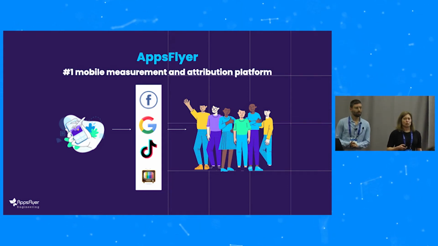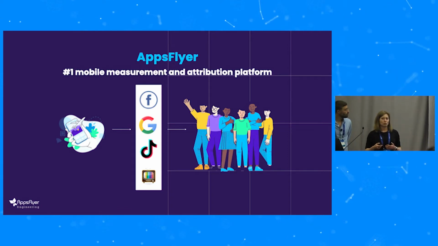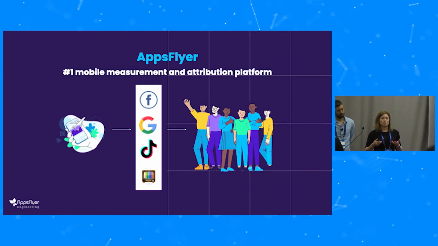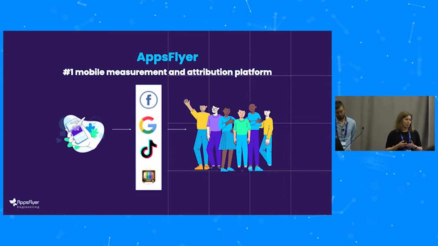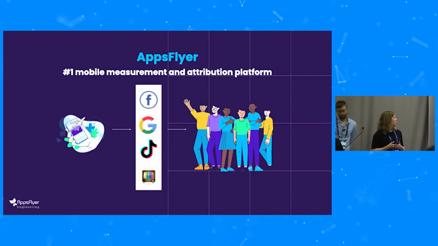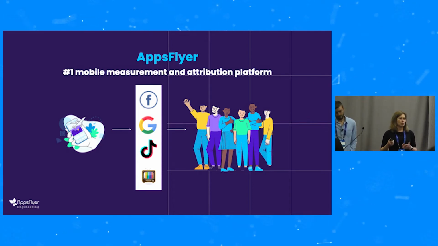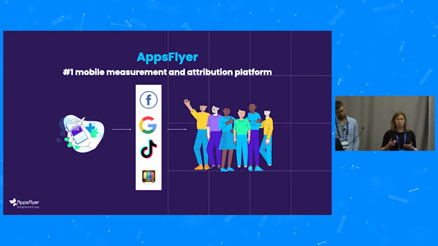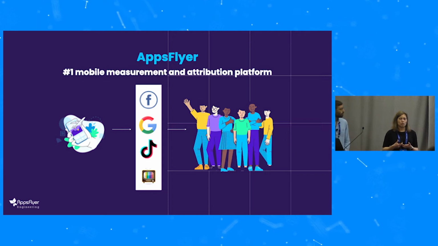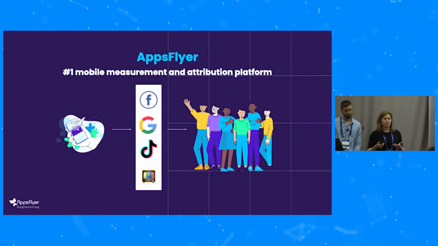The problem is that your advertising budget is limited, so you need to make wise decisions to invest it in a way that will allow you to get the best users for your specific application. This is where AppsFlyer helps. We collect information about the performance of advertising campaigns and also about the installation of applications and user actions, and we connect the two. We basically attribute the two so that you can get accurate insights about where to invest your advertising budget.